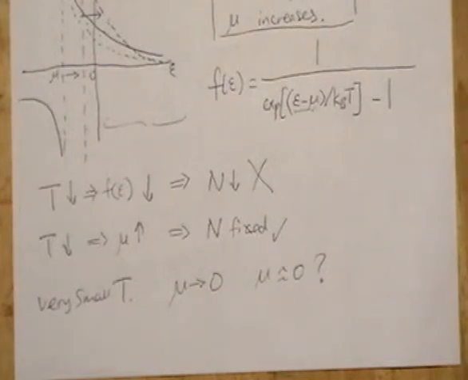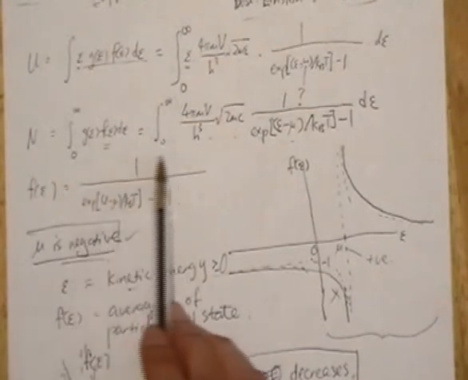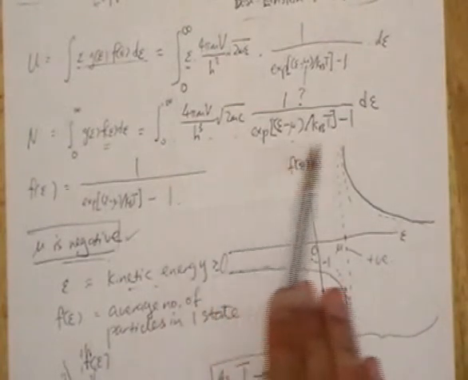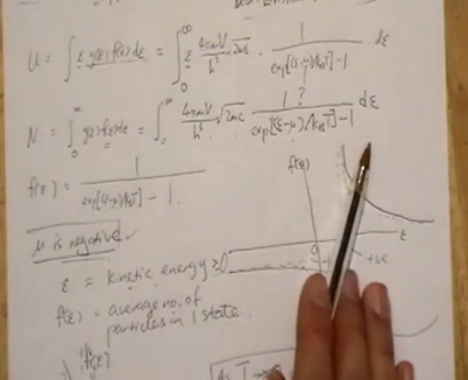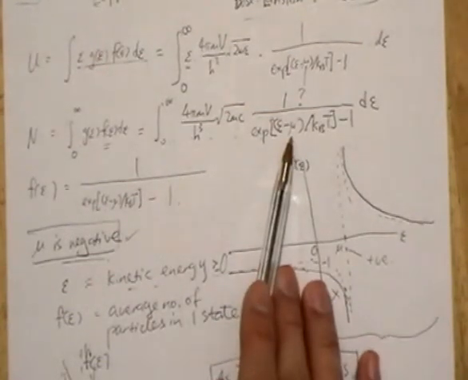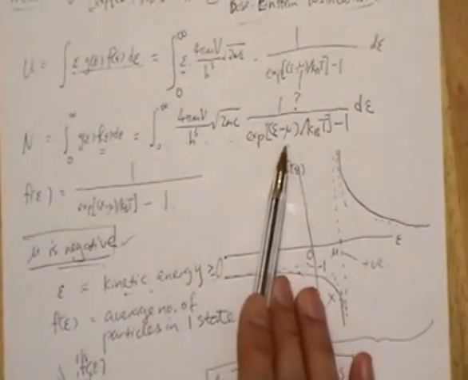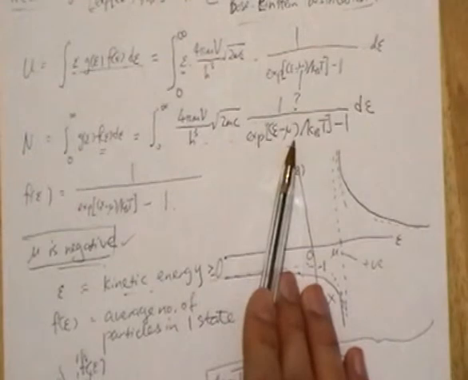Let's think about what happens to the integral for number of particles. This integral up here. Now if you look at this integral, remember that we had difficulty integrating it, not just because it's complicated, but also because we did not know mu. But now if we assume that for very small temperature mu is approximately 0, then we can cross out that unknown.